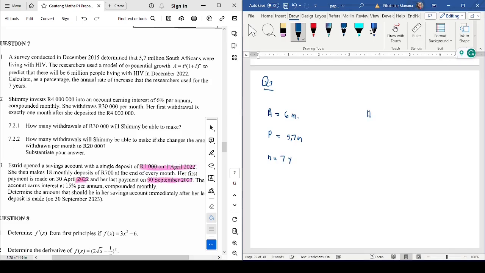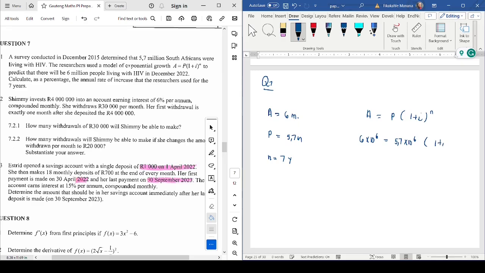So let's put down our equation. A is equal to P times (1 plus i) to the power n. This is an exponential increase. In the place of A, we put the 6 million. Million is like 6 zeros, so you can say 6 times 10 to the power 6. And P is 5.7 times 10 to the power 6.